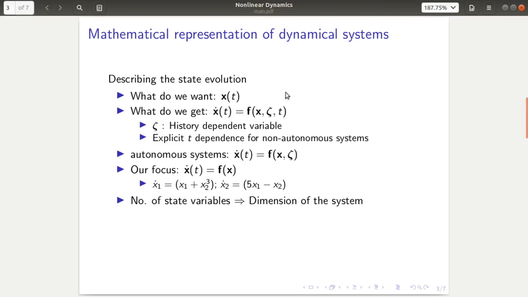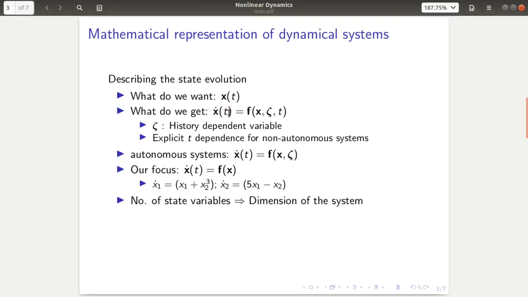But the physics will give me only the governing equation in this form, and only by solving this will I be able to get that one. So I will have it in this form, where x dot means the rate at which the state variables are changing.